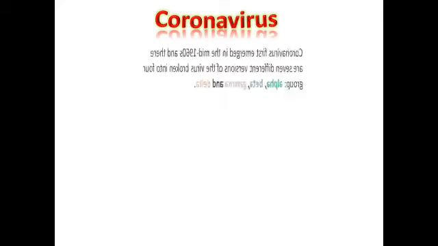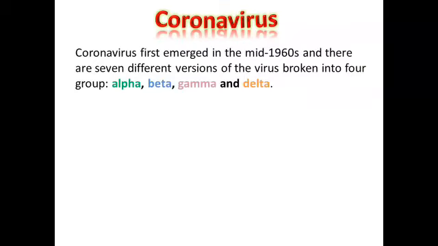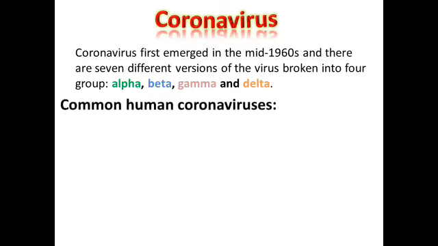Coronavirus first emerged in the mid-1960s, and there are 7 different versions of the virus broken into 4 groups: alpha, beta, gamma, and delta. Now, what is common in human coronaviruses?